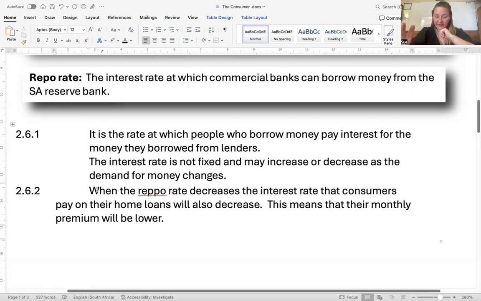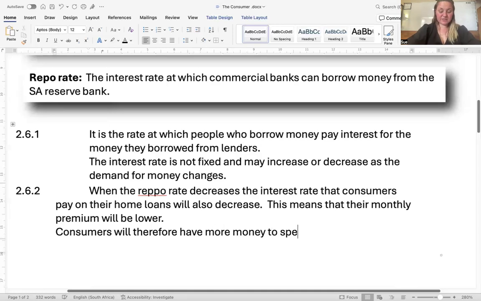So we need 2 more facts on how we are affected by this lowering of the repo rate. So we will then have more money, because if my premium is lower, then that means that I have more money. Consumers will therefore have more money to spend.